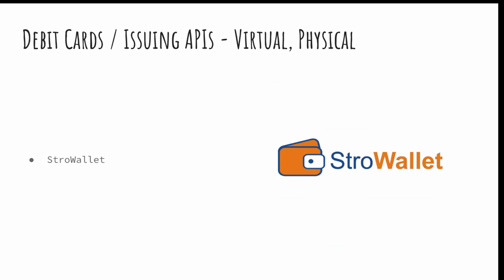Then finally, debit cards. I only have one API on this list, Straw Wallet. I stumbled upon them while preparing for this video, but the documentation points out that they are easy to integrate, and they offer several lines of products. So not just issuing virtual dollar cards, you can also issue physical cards.